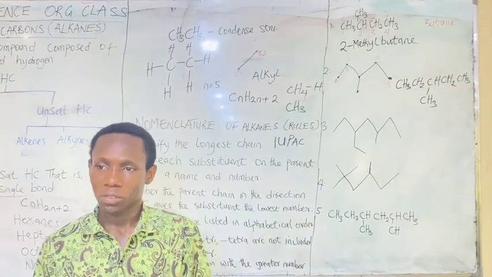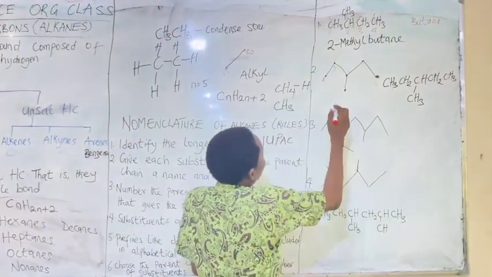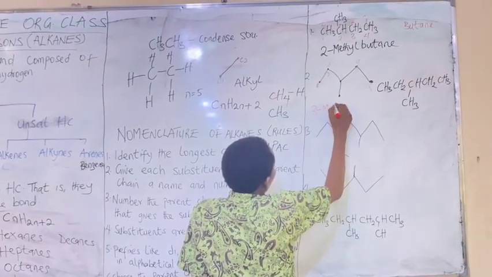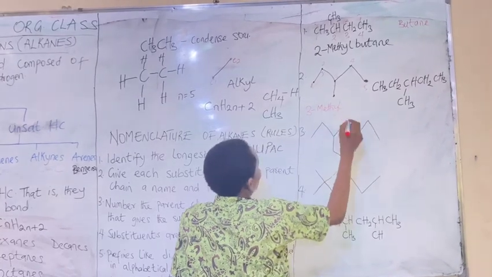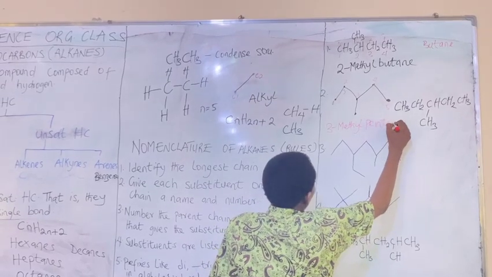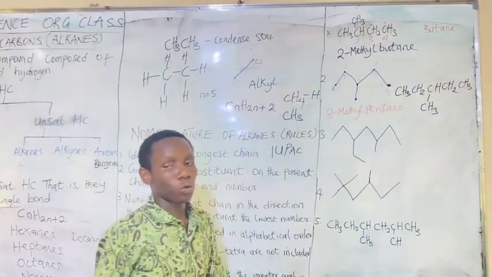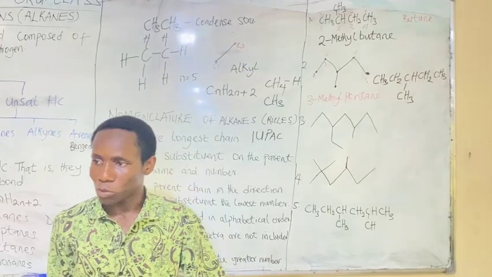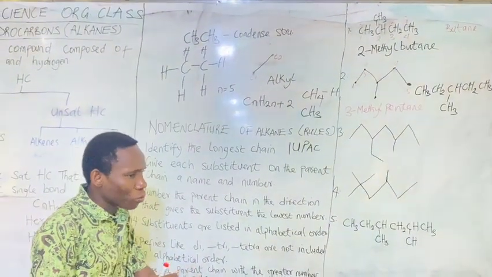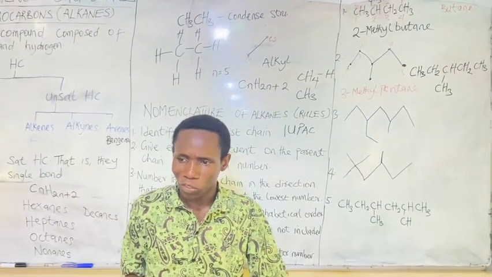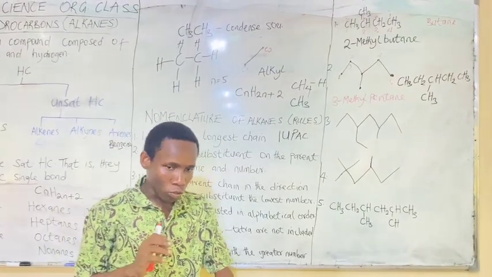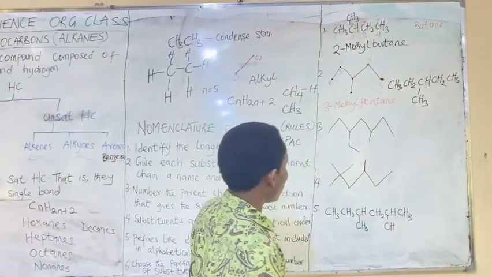Yes, it's 3-methylpentane. Very simple. I don't think there's anything difficult in naming organic compounds. It's just for you to calm down your mind, know the rules, follow the rules one after the other, and then you're good to go.